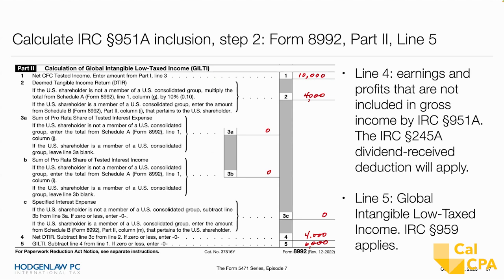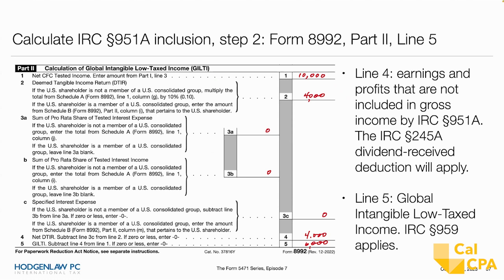And that's how much we're going to pretend that we're going to allocate from the CFC's income for return on the hard assets, and everything else is on line 5, global intangible low tax income, which is generated by all of the other activities of this CFC.